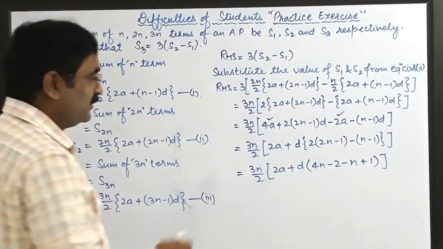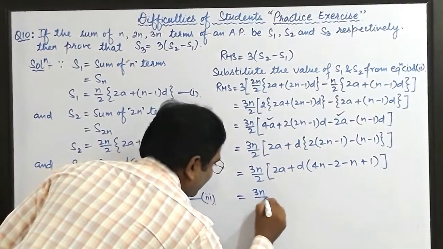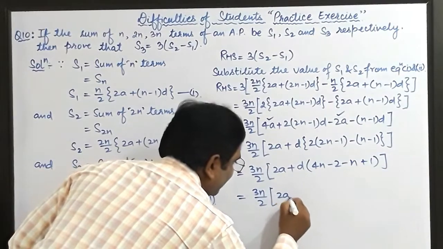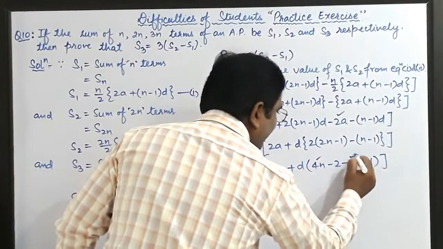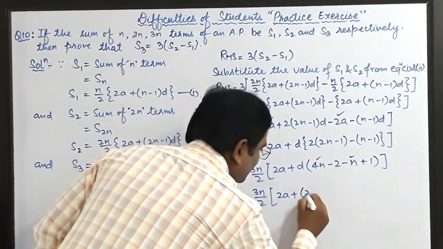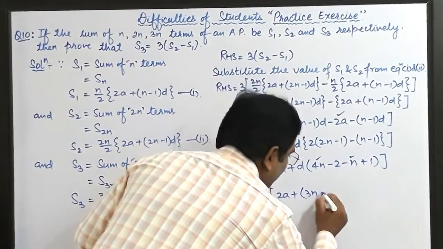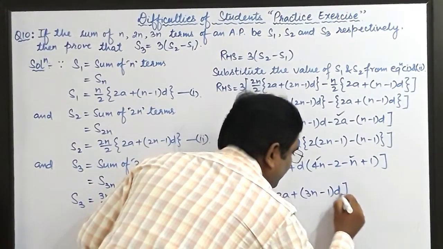Now you will get 3n upon 2 into 2a plus, now 4n minus n is equal to 3n and minus 2 plus 1 is equal to minus 1, into d.